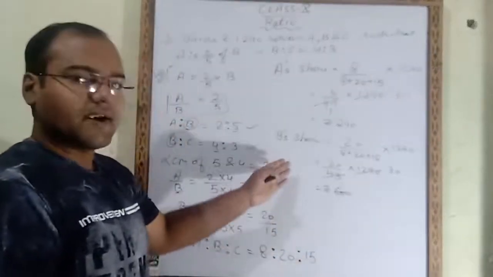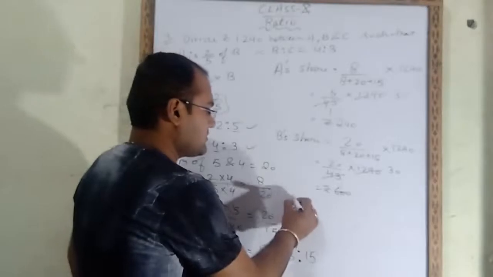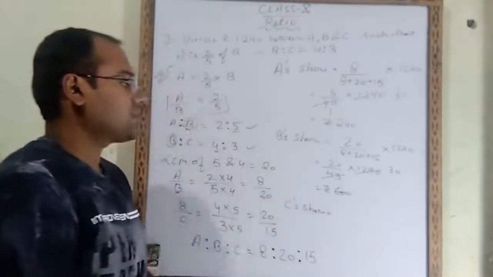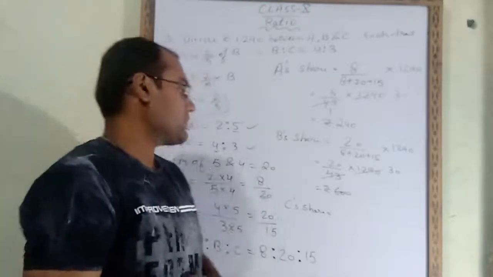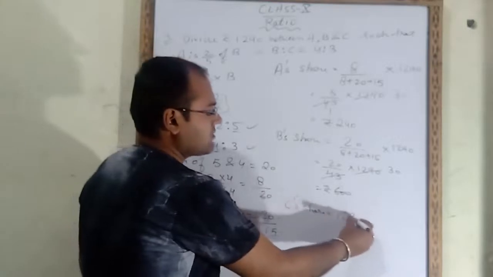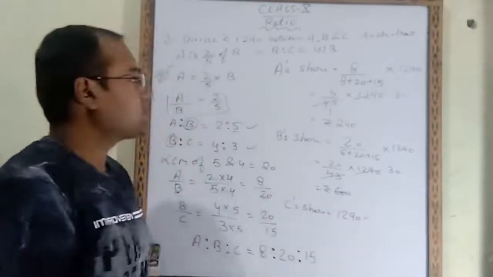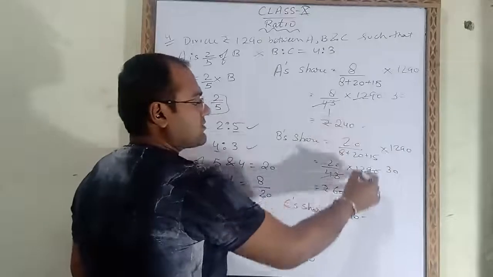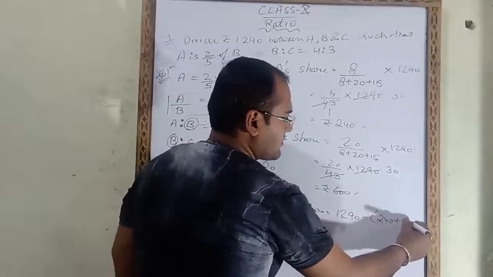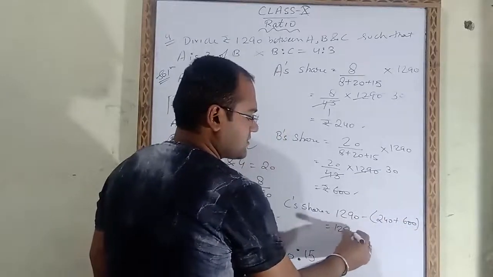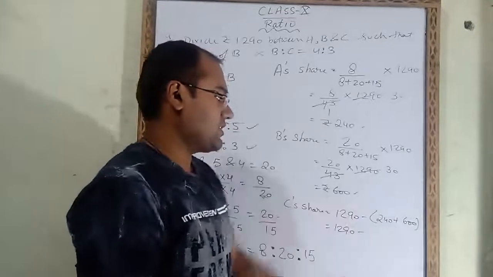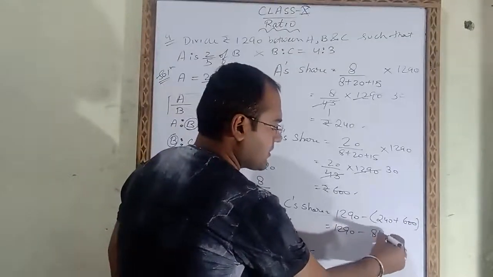Now we will find C's share. So C's share will be: out of the total we will subtract A's share and B's share, that means the sum of A and B. 240 plus 600 will be 840.